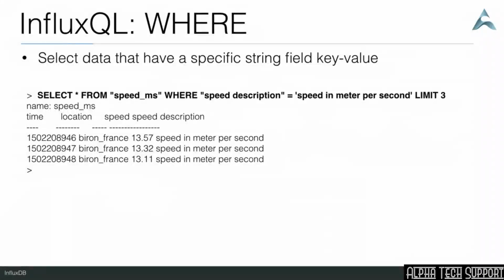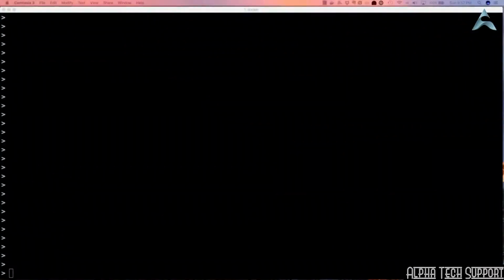Select data that has a specific string field key value. So we're going to do a select star from speed_milliseconds, where speed description equals speed in meter per second, limit by 3. As you can see, you will get the 3 results back, where the description is speed in meter per second. Alright, let's get back all the results where the description is speed in meter per second.